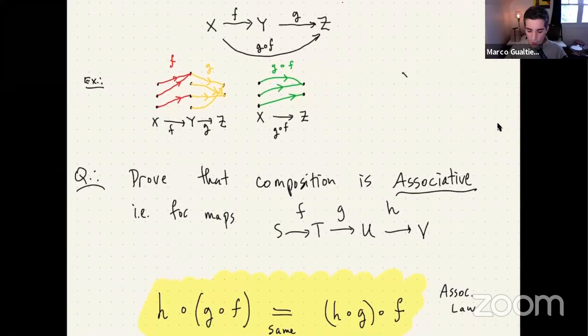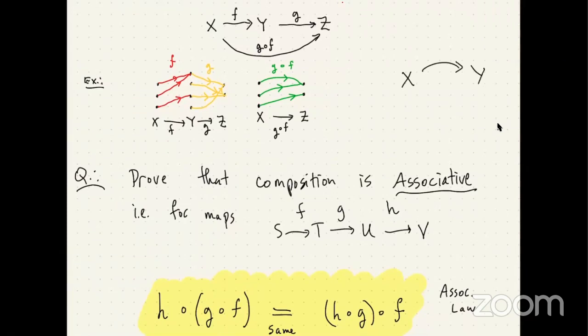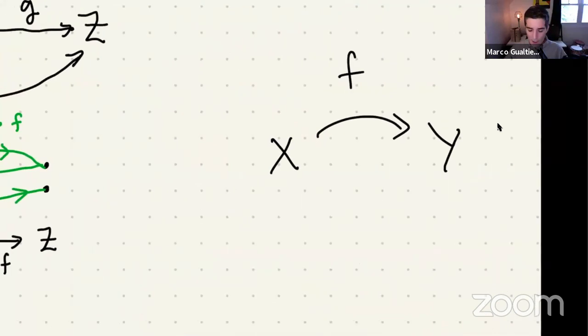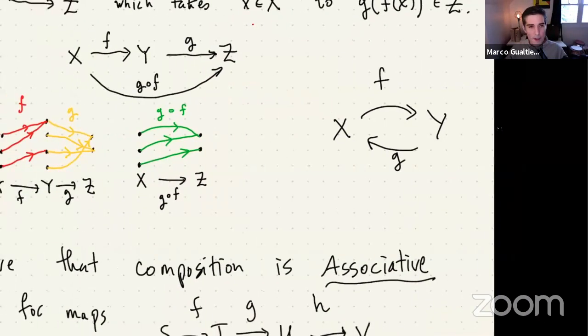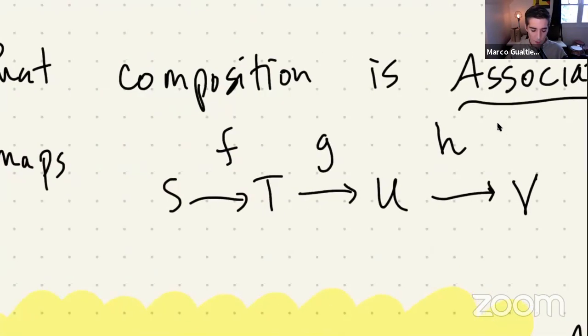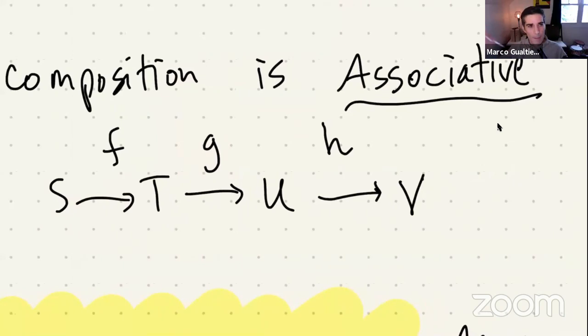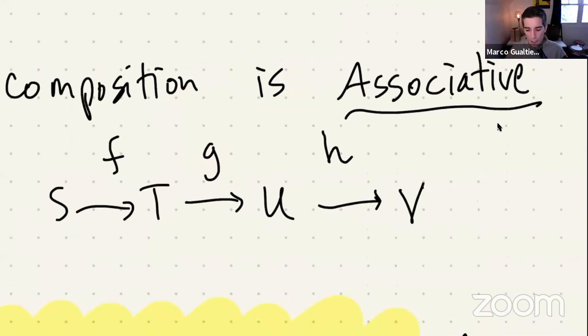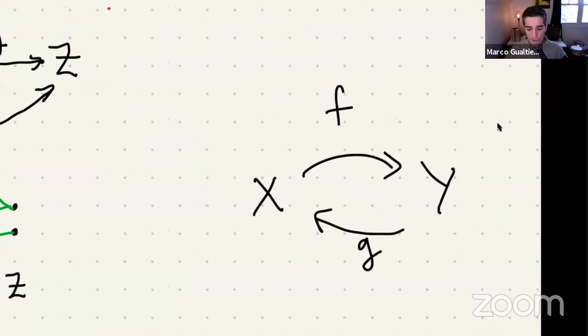So if you have a map from X to Y, and you have another map from Y to X, this is a very special case. It's not a general case where F, G, and H are mapping between 4 different sets. Here we have only 2 sets involved.